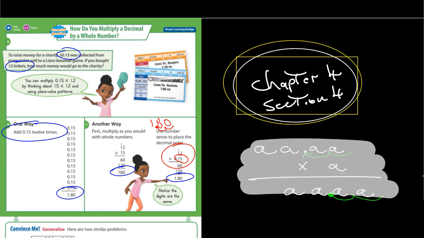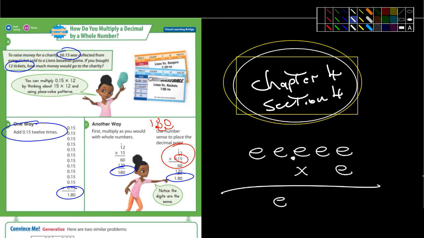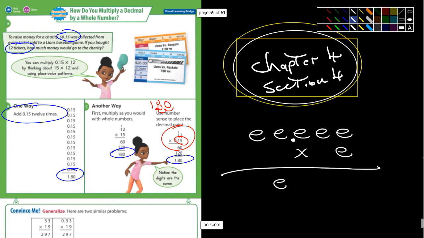Let me do one more. I want you guys to understand this. This is important. So how about E? E, E, E, E, E. I'm going to put the decimal right here, times E, and my answer is E, E, E. That's my answer.